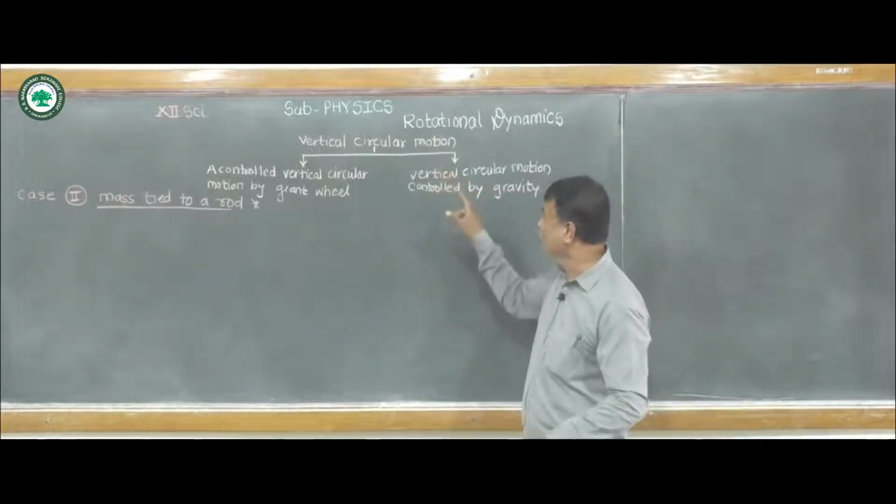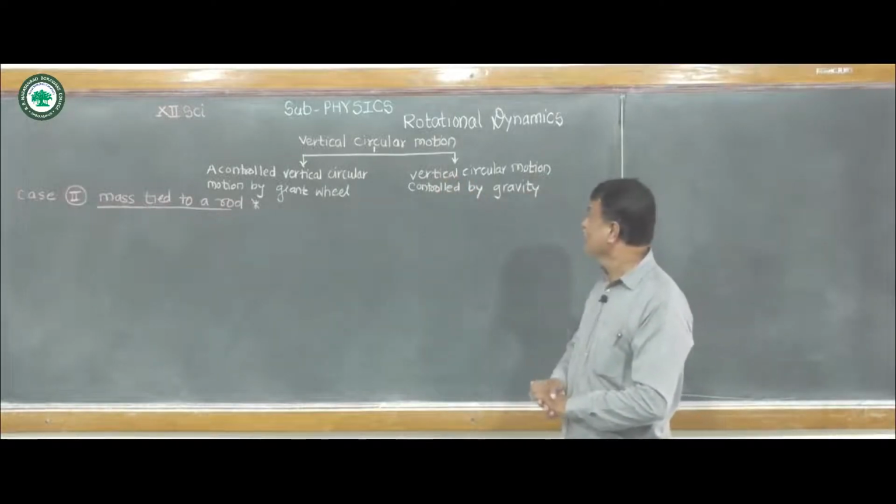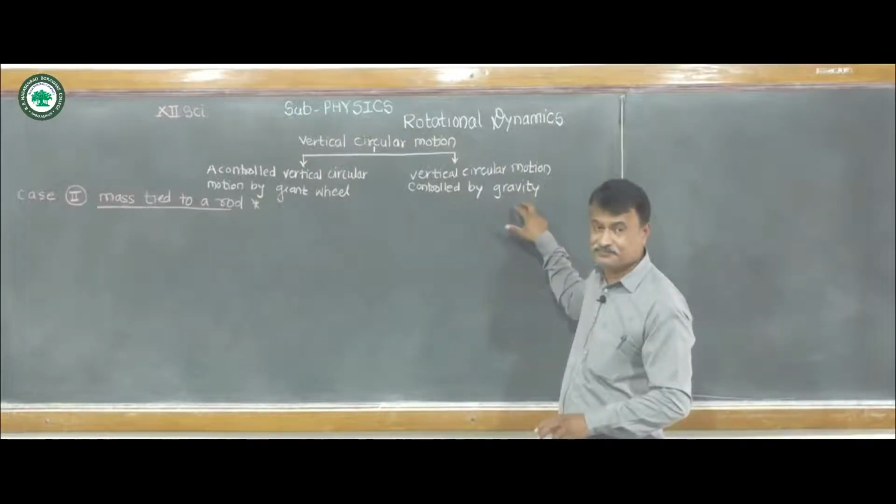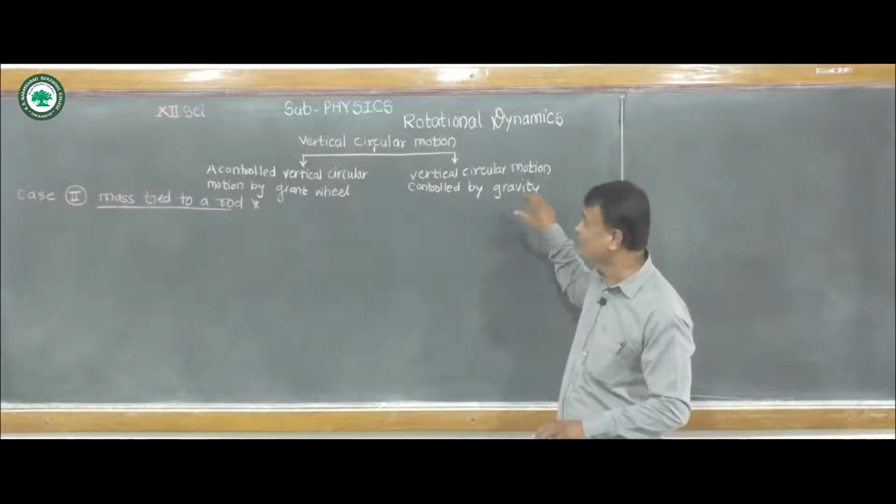Now another type of vertical circular motion is vertical circular motion controlled by the gravity. This motion is only controlled with the help of gravity.